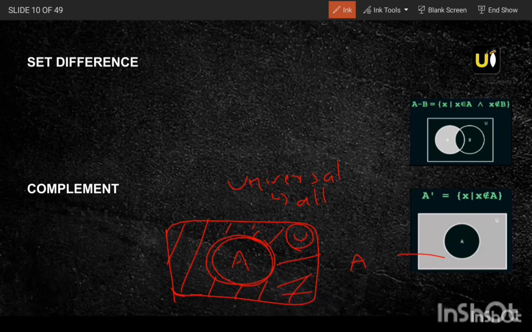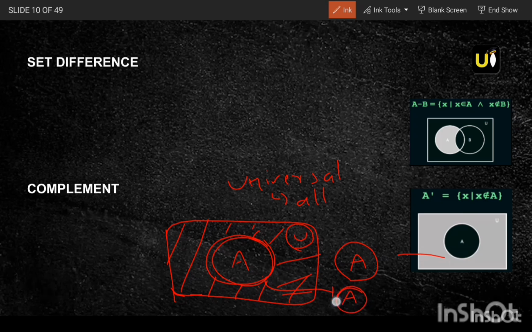That means the complement set contains elements which are not present in that particular given set. Sorry, I made a mistake. The complement of a particular set is defined as the set that contains all the elements except the elements that are in the particular set.